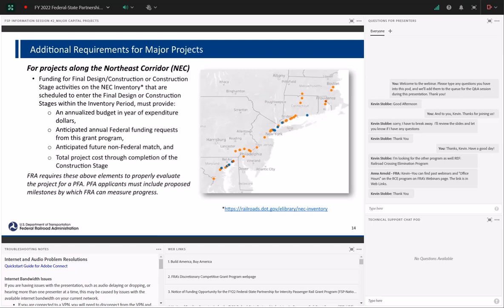FRA does require these elements in order to properly evaluate the project for a PFA.